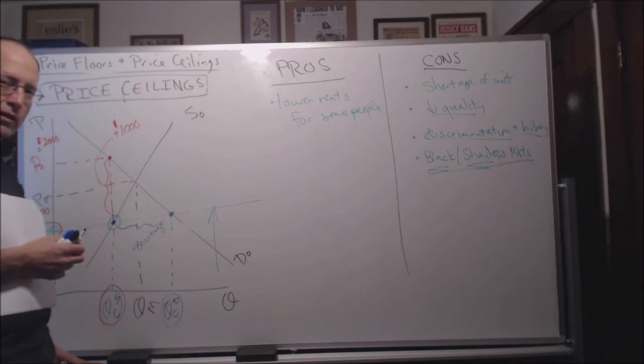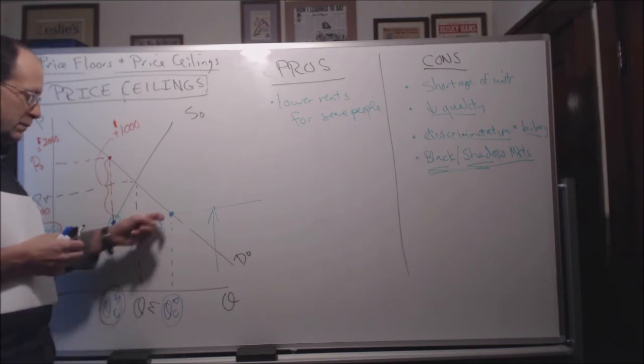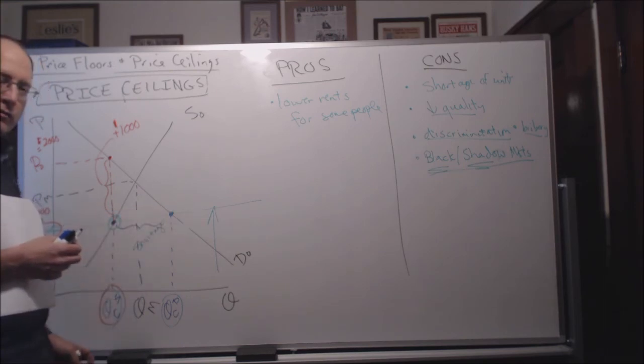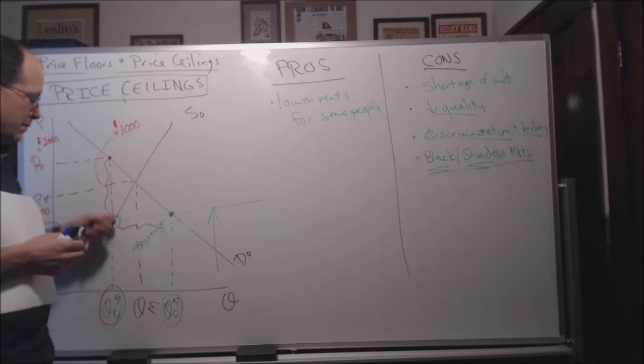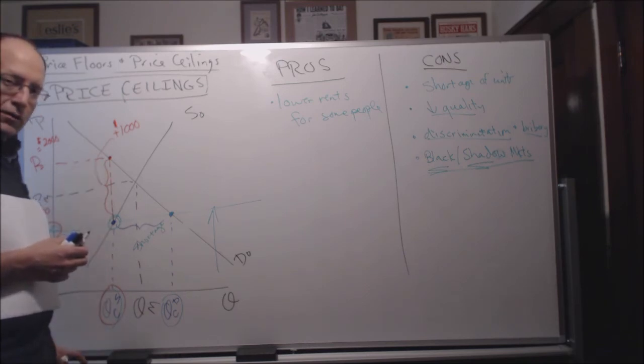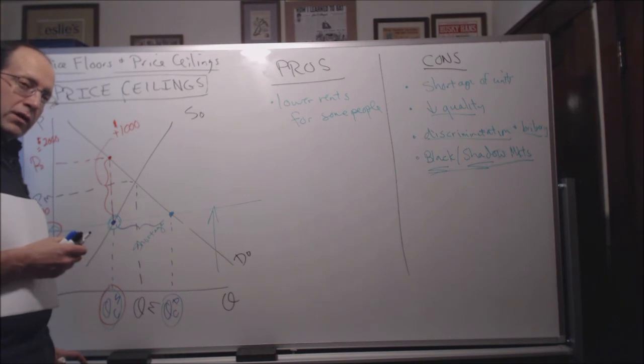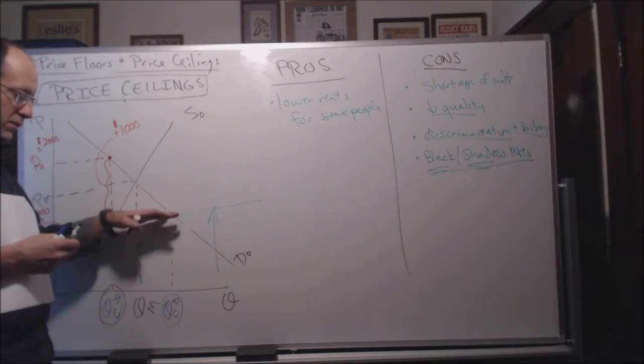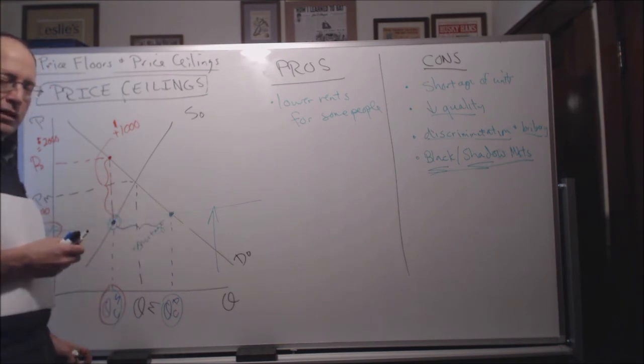Black or shadow markets develop all the time. The problem is that people want more than they can get at that price, and they'll find a way to get it, and that means that the price can be much higher along those lines. During times of war, with wage and price freezes, persistent shortages. People couldn't get their hands on basic items, eggs and meat, sugar and alcohol and milk and whatever.